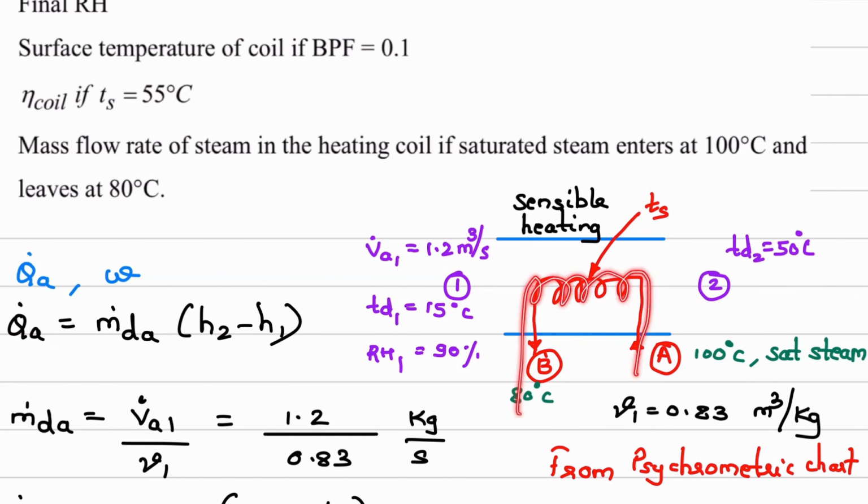In the heating coil we are supplying steam. What is the condition of steam? 100 degrees Celsius saturated vapor, and it comes out as subcooled liquid which is at 80 degrees Celsius. Now what should be the mass flow rate of steam maintained in this heating coil so that the temperature of air, which is at 15 degrees Celsius, can be increased to 50 degrees Celsius? That mass flow rate of steam we have calculated.